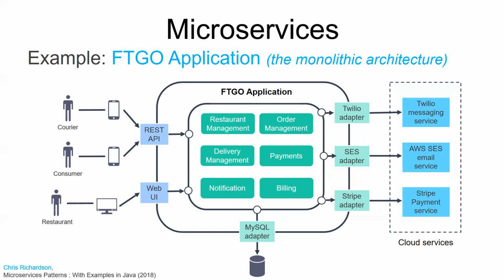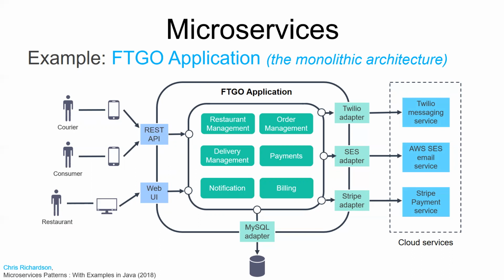It is also responsible for paying couriers and restaurants. Restaurants use the Food to Go website to edit their menus and manage orders. The application uses various web services, including Stripe for payments, Twilio for messaging, and Amazon Simple Email Service for emails.